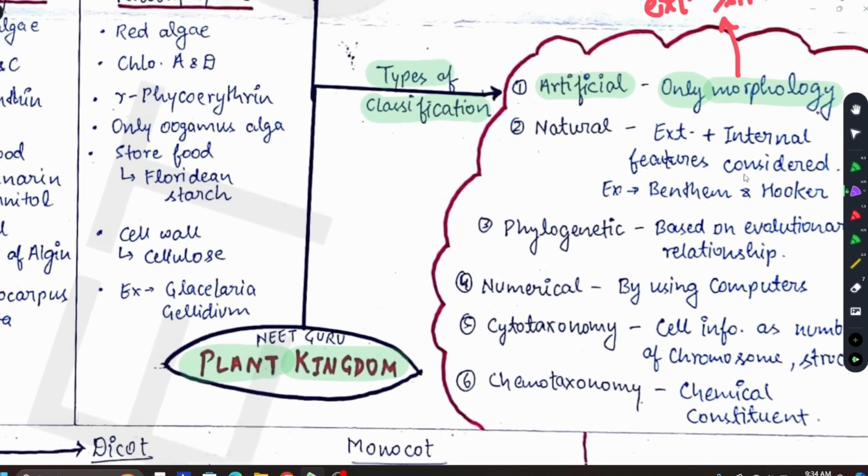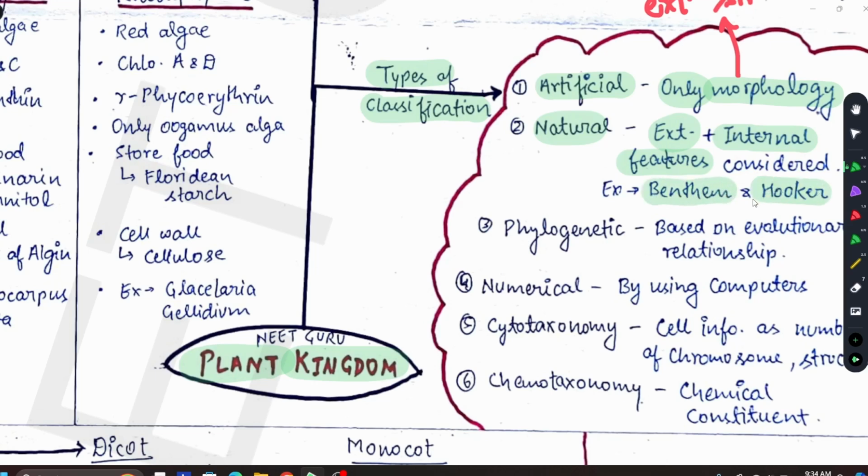Now the second type of classification is called natural system of classification. This is the system of classification in which we use many criteria. For example, we use morphology or external structures, and we use internal structures or internal features, which is called anatomy. So here we use morphology as well as anatomy. An example of this natural system of classification is the classification given by Bentham and Hooker.